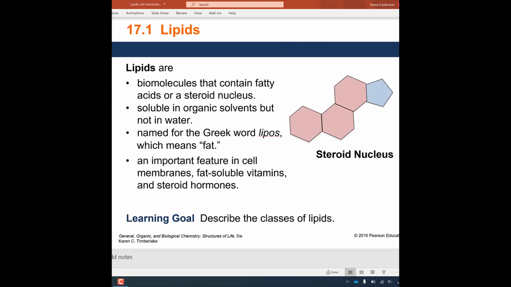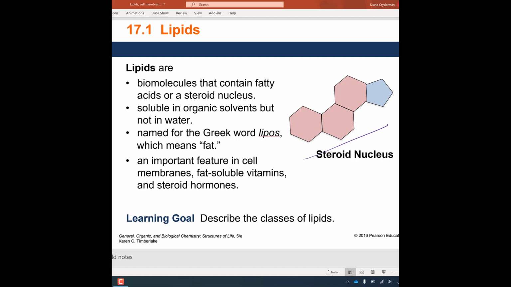Lipids are molecules that contain fatty acids or a steroid nucleus, and you can see an image of a steroid here. These are typically soluble in organic solvents but not soluble in water.